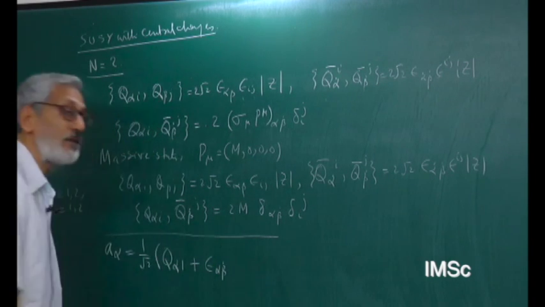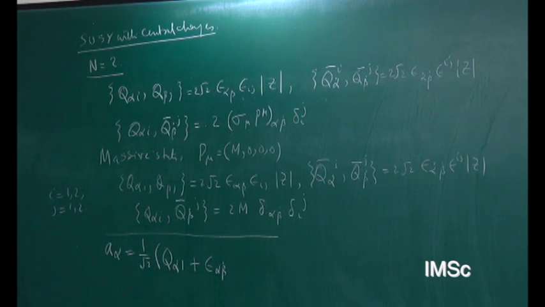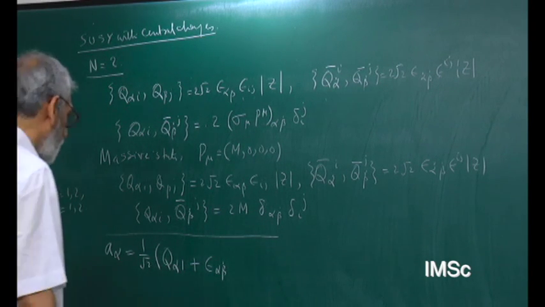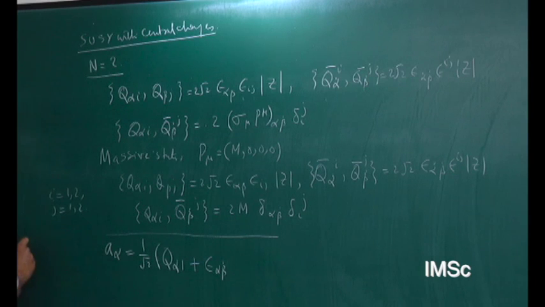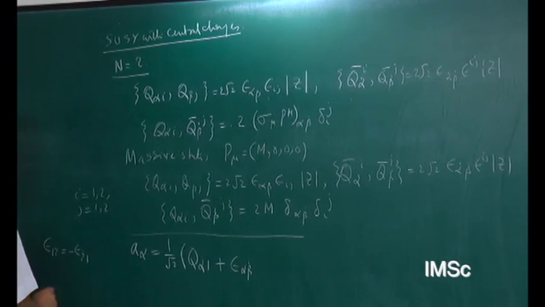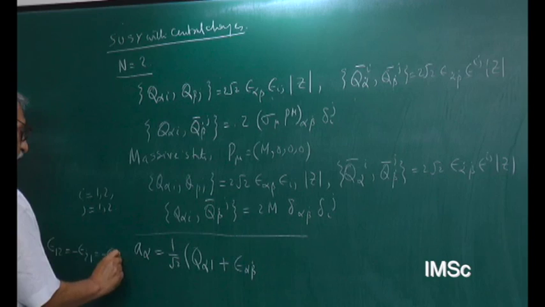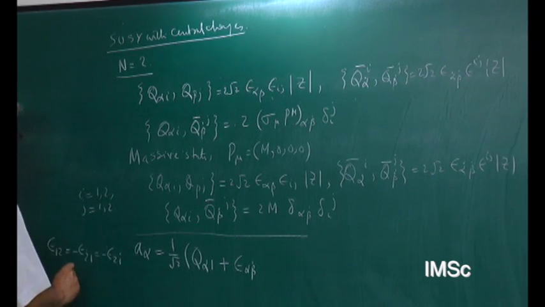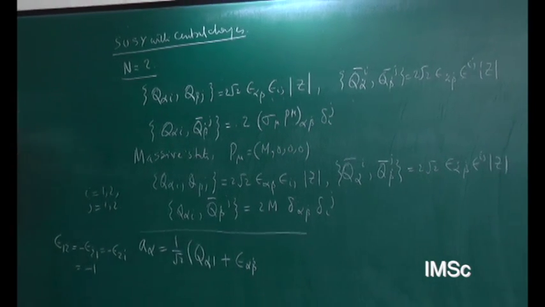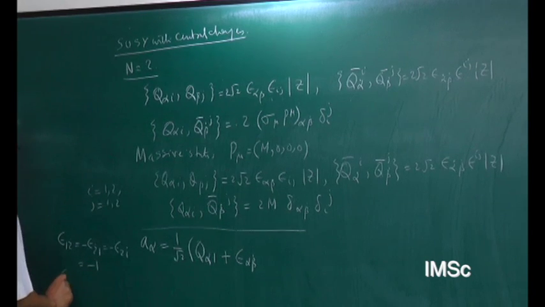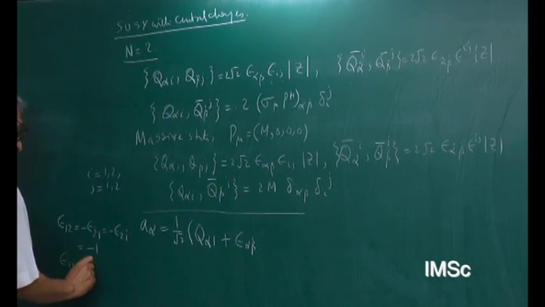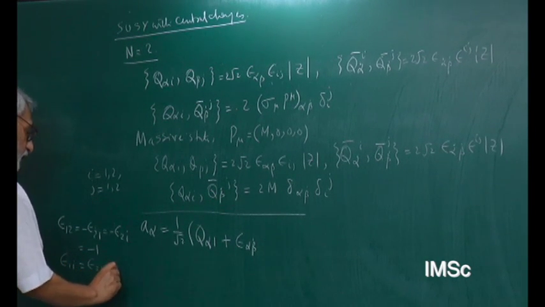We have introduced now an epsilon symbol with an undotted and dotted index, and we will explicitly write what that is. Epsilon 1, 2 dot is the same as minus epsilon 2 dot 1, and is the same as minus epsilon 2, 1 dot, and that is minus 1. And epsilon 1, 1 dot is the same as epsilon 2, 2 dot, and both are 0.